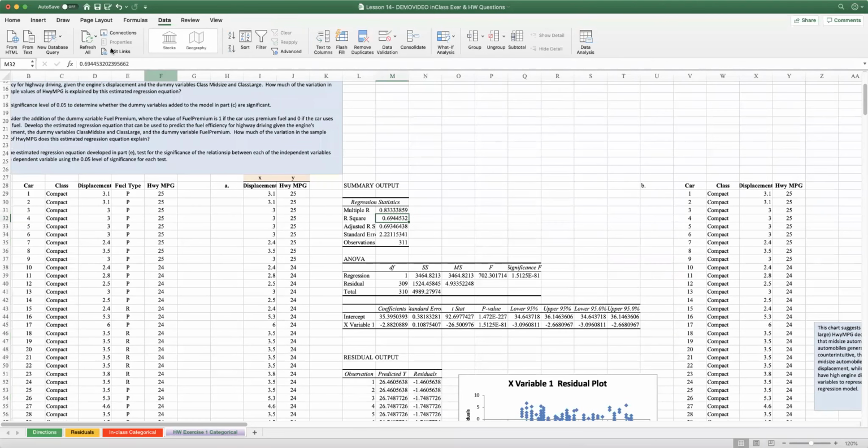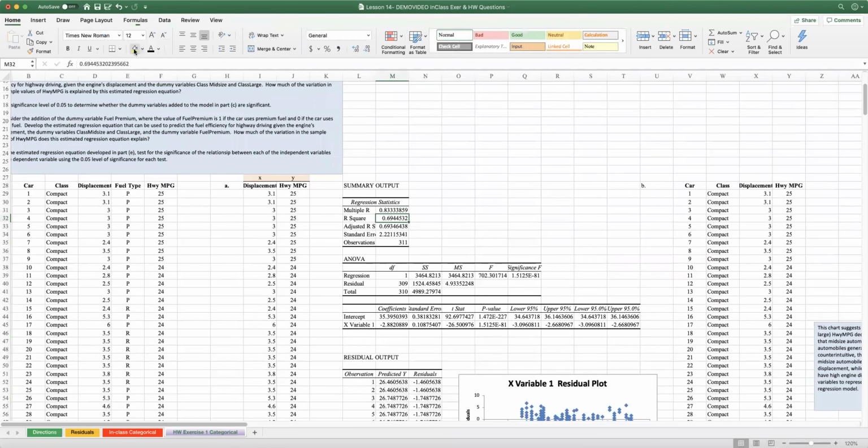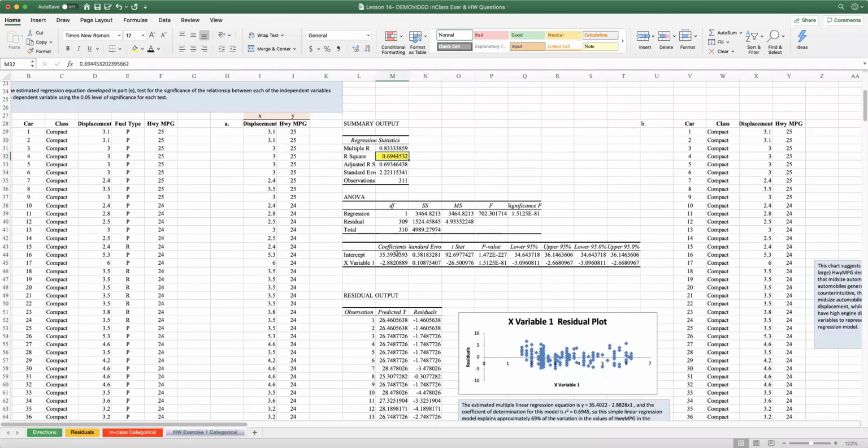All right, so the R squared here is around 69%, meaning about 69% of the variation can be explained by looking at the displacement. And then these are the coefficients on the equation with the corresponding p-values and t-stats. Both of these are significant. Notice that the confidence intervals do not include 0, so they're both significant values.